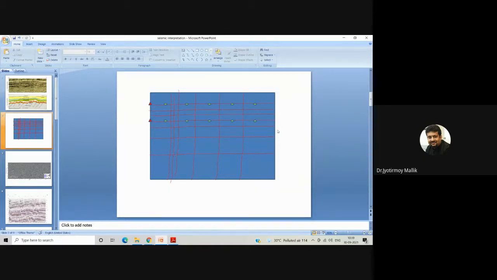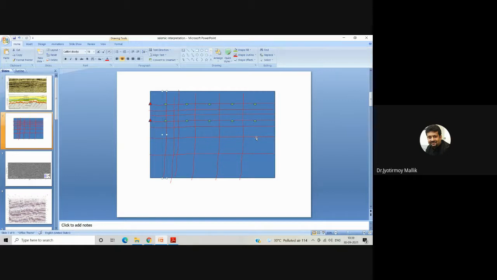Like that it will complete this whole area. Maybe first east west, and then north south. Whether they go east west, northeast southwest, or northwest southeast depends on the geology of the area, which way the beds are dipping and everything.